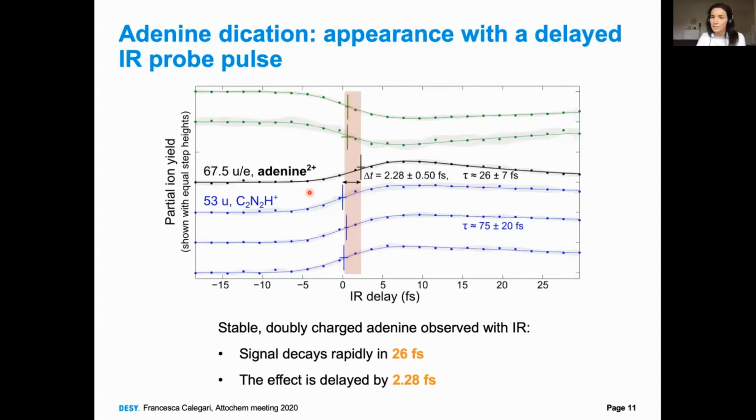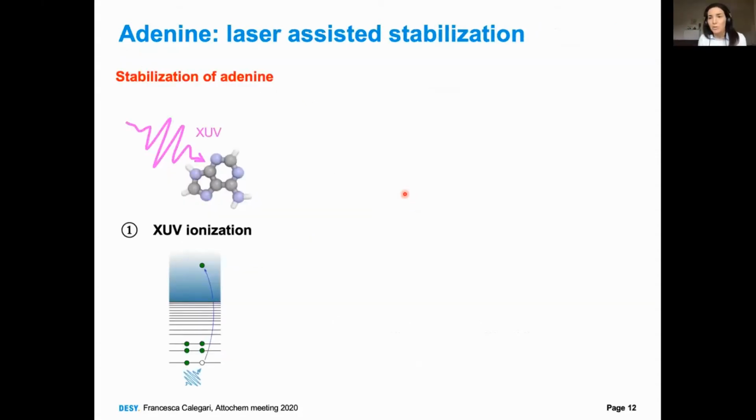Another characteristic of this ion is that it comes with a small delay with respect to the other fragments, approximately 2.3 femtoseconds later than the ionization triggered by the XUV pump pulse. This is quite interesting because we are inducing a sort of stabilization of the molecule.